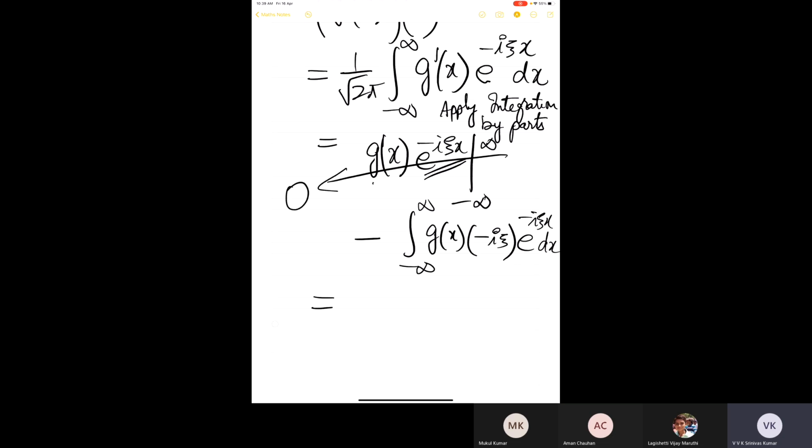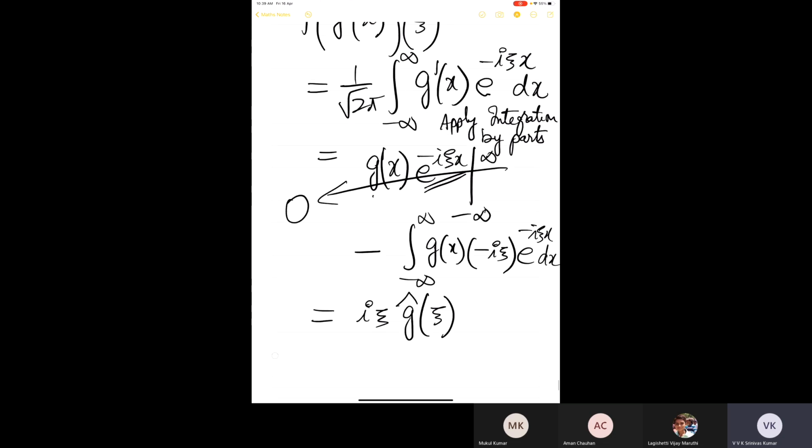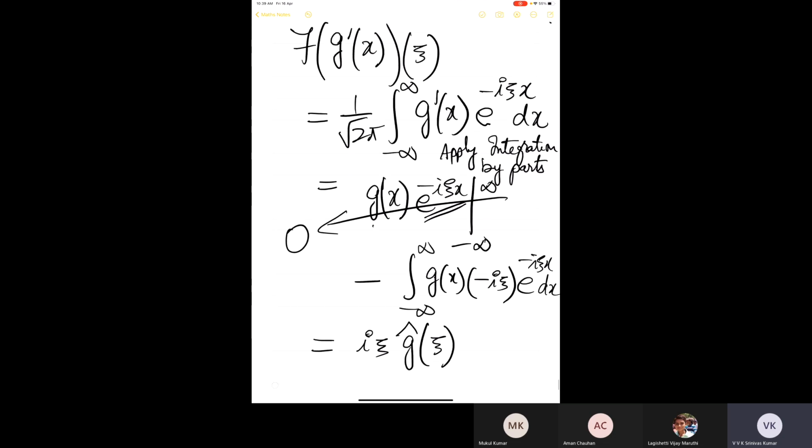So this is equal to i xi times the Fourier transform of g at xi. So when you take the Fourier transform of a derivative, we get a factor multiplied by the Fourier transform.